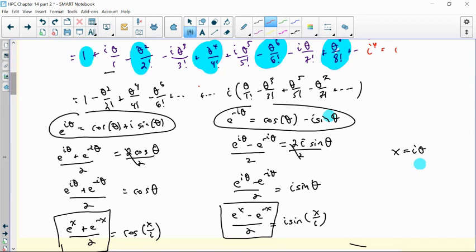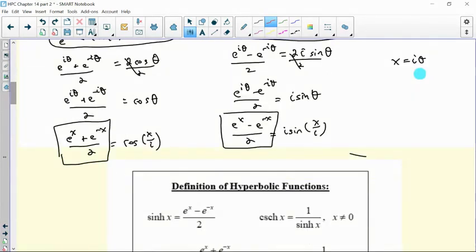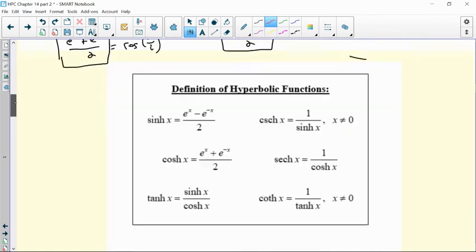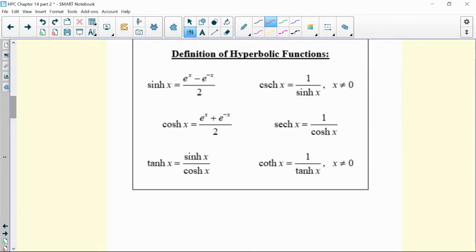Now, I want you to know where these come from and understand what it's based in. But ultimately, you don't have to have that proof memorized. If you turn the page, you take a look at the definition. Here are the 6 hyperbolic trig functions, and there are 6 because there were 6 trig functions, right? And notice the extra h that comes after each of them. So it's hyperbolic sine, and we just derived hyperbolic cosine.